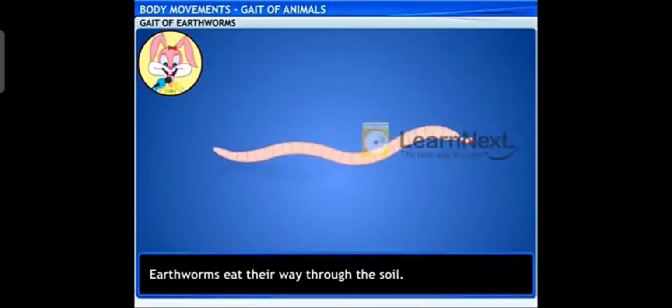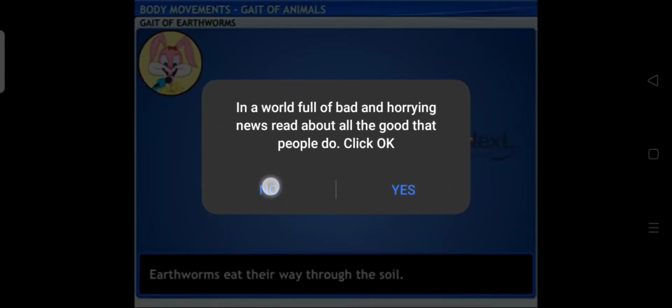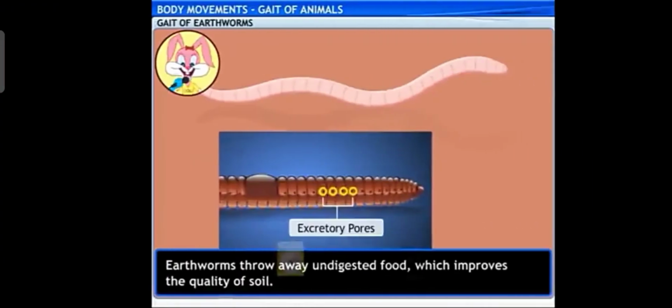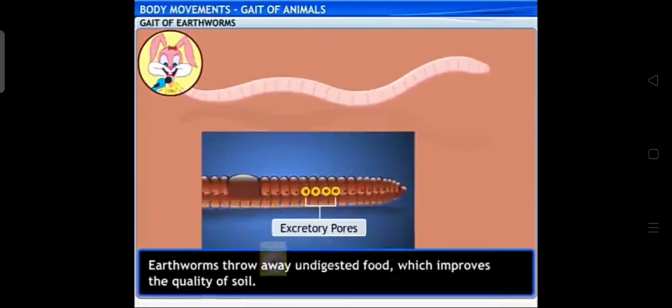When the earthworm moves inside the soil, it will eat food. At the same time, after eating, it will excrete the digested and undigested food. When the earthworm excretes the undigested food, it is very good for soil.